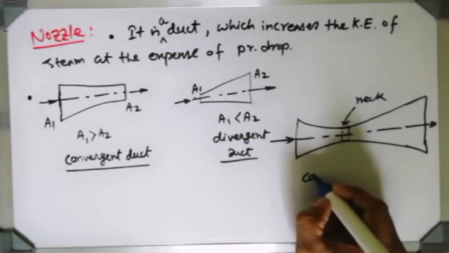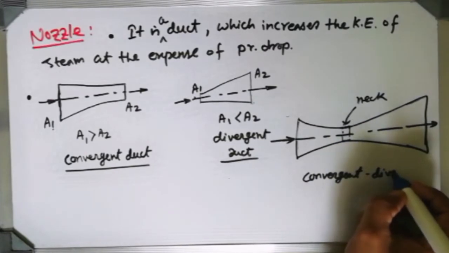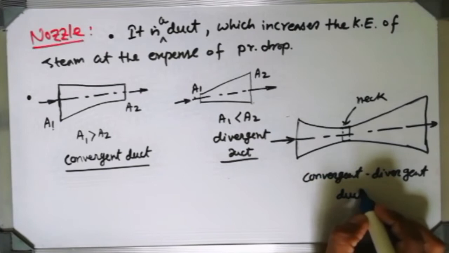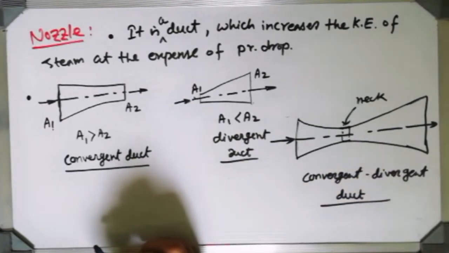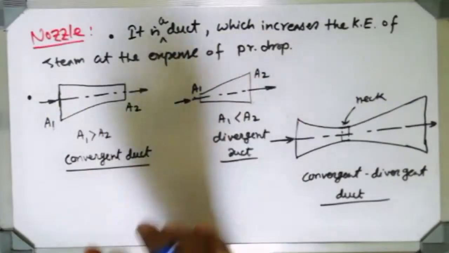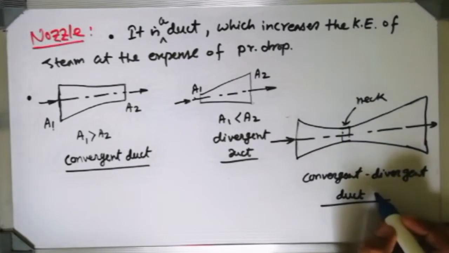This is the shape known as a convergent as well as divergent duct, and it is the most efficient one compared with this one and that one. So this is also known as a convergent divergent duct or nozzle.